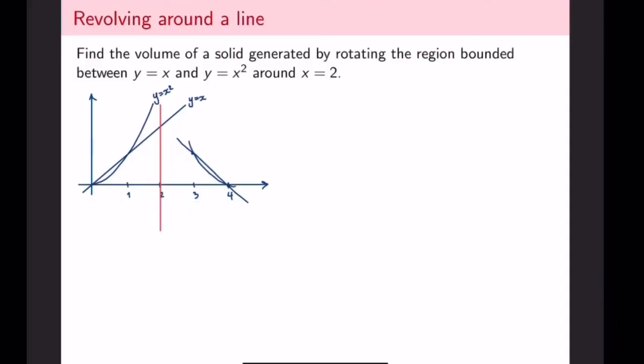I'm going to again use the disc method. And again here, you can use the general formula sense to tell you that, okay, if you're rotating around x equals 2, which is parallel to the y-axis, your integral is going to be in terms of y. Okay, now let's draw in a typical disc.